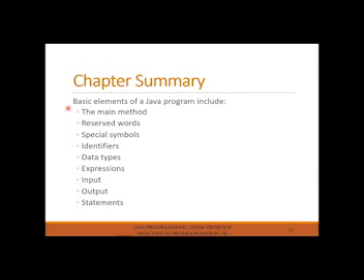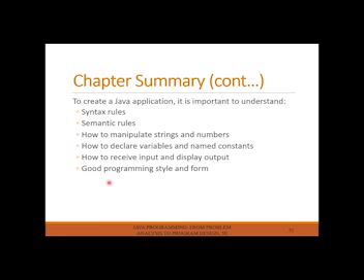So, for chapter summary natin, we have discussed the basic elements of a Java program, which includes the main method, reserved words, special symbols, identifiers, data types, expressions, the input and output sa lesson 2, statements sa chapter 3.